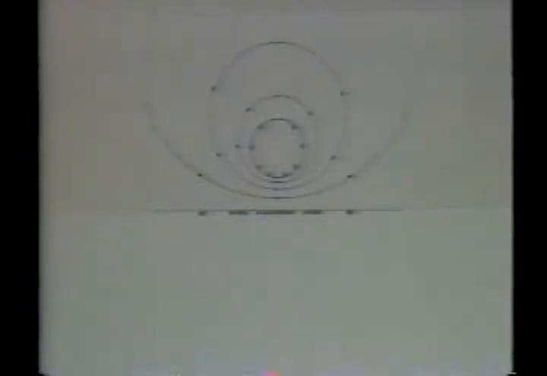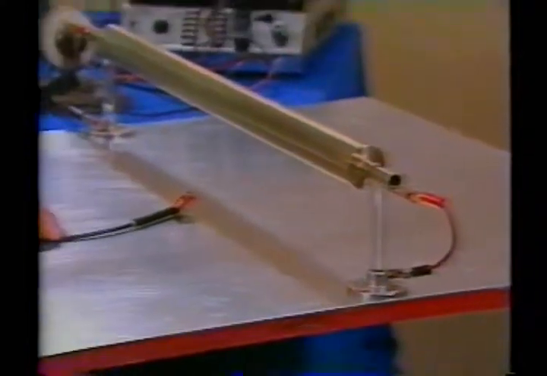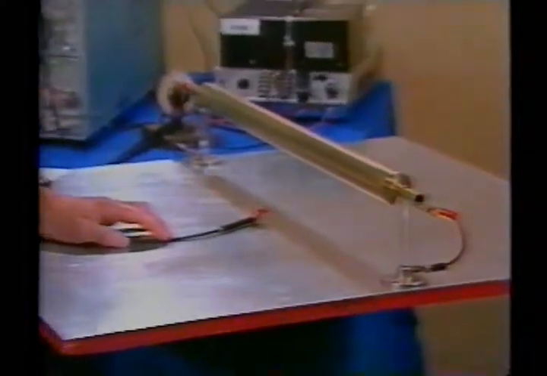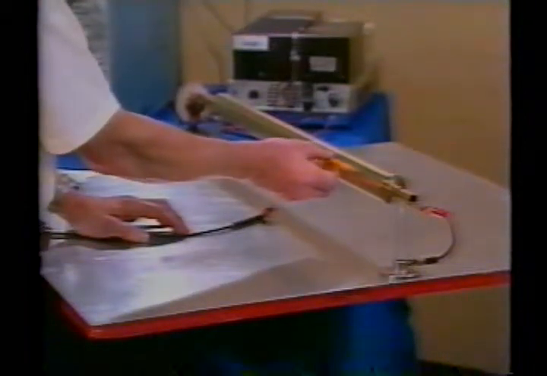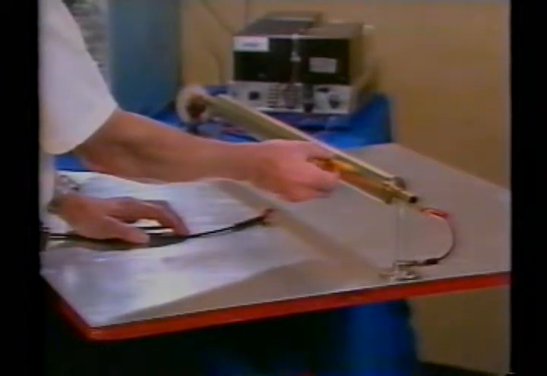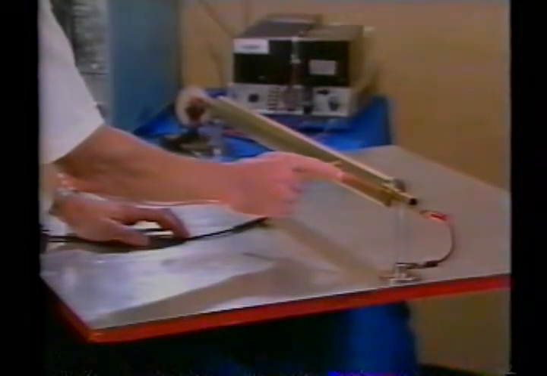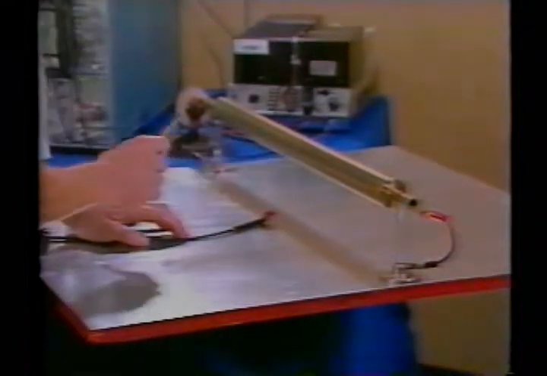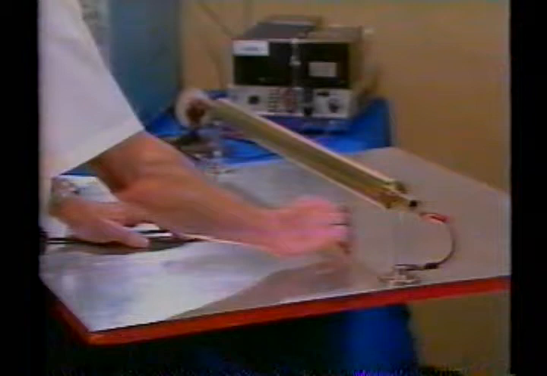We can measure the magnetic field using this induction coil. The induced voltage is related through Faraday's law to the time rate of change of the linked magnetic flux. Thus, the amplitude of the probe voltage is proportional to the flux density, the average probe area, the number of turns, and the angular frequency.